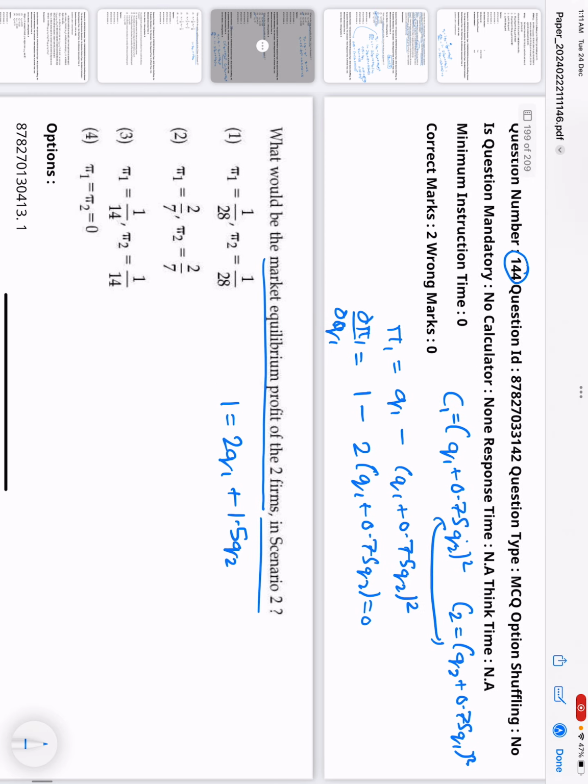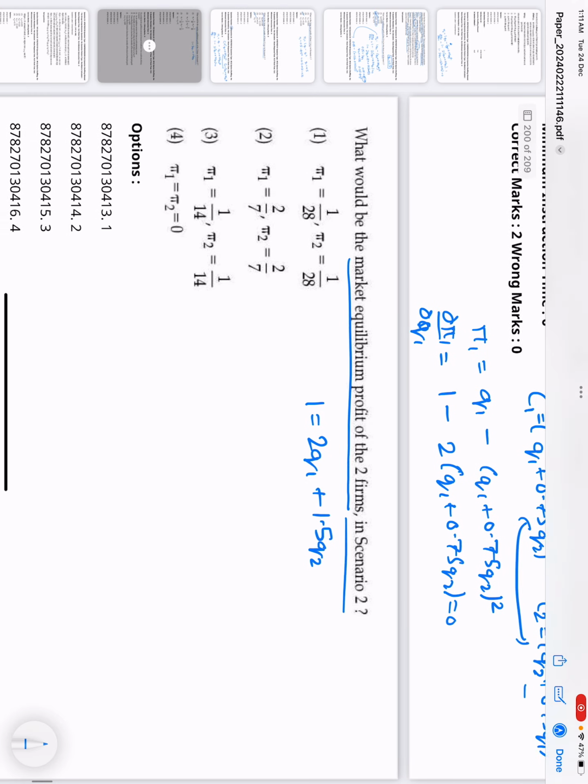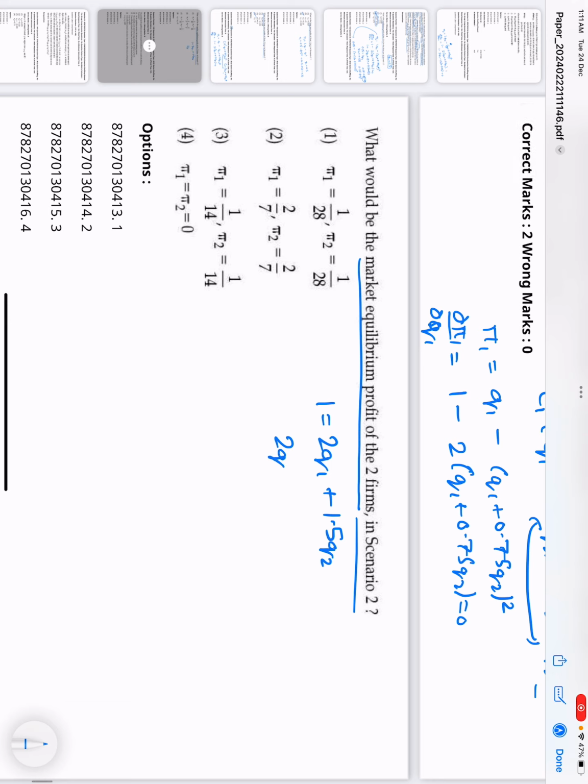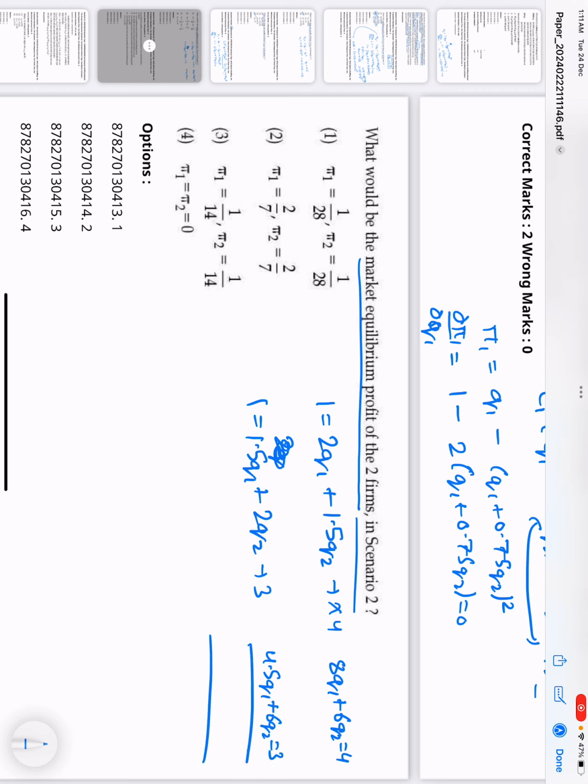Similarly, the second equation would give us 1.5 Q1 plus 2 Q2 equals 1. So if we multiply this by 4 and this by 3, we'll have 8 Q1 plus 6 Q2 equals 4, whereas we'll have here 4.5 Q1 plus 6 Q2 equals 3. Subtracting, we'll have 3.5 Q1 equals 1.